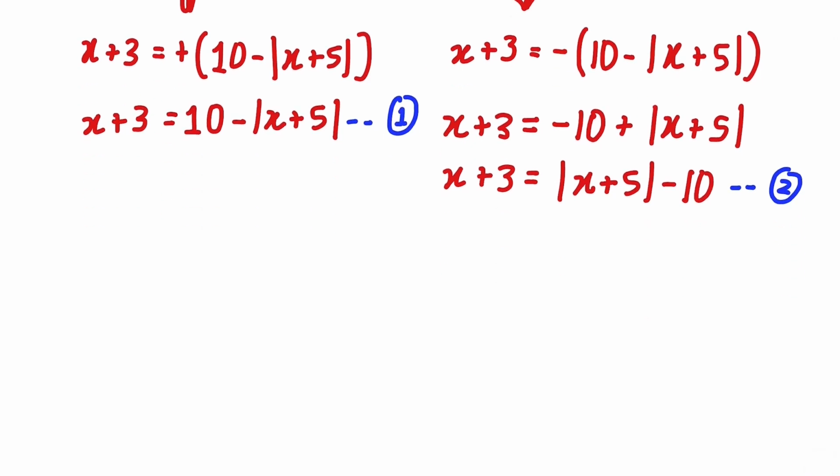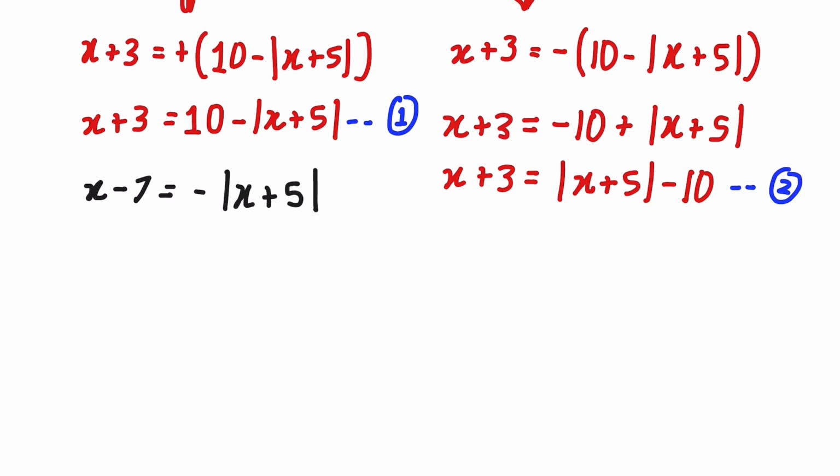When we have a modulus function, we want to keep it on one side. So we will do x minus 7, and move the 10 to the other side, so it will be negative modulus of x plus 5.